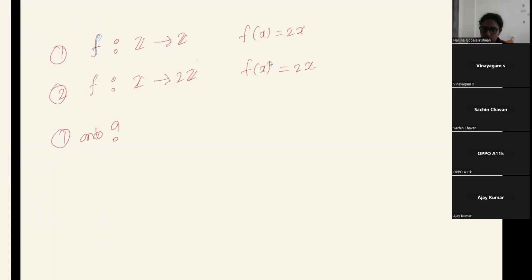Okay, then what will be the pre-image of 1? See, for example, I am taking any x in Z. So what is f of x? f of x equal to 2x. It is always an even number.